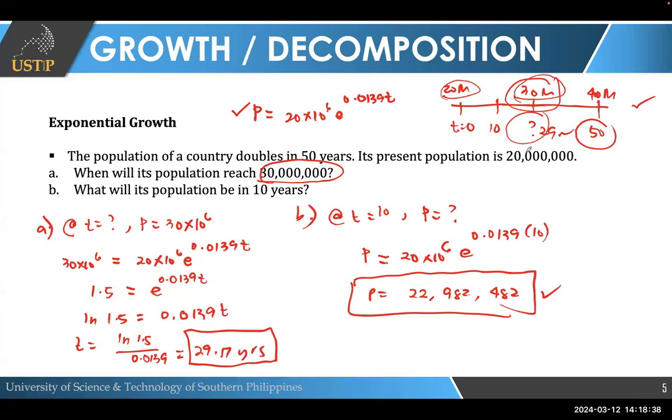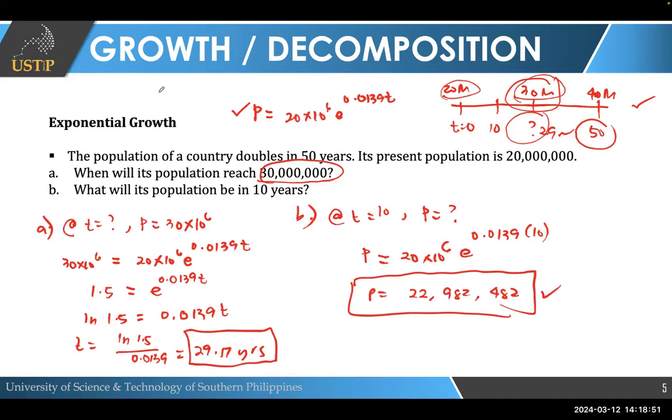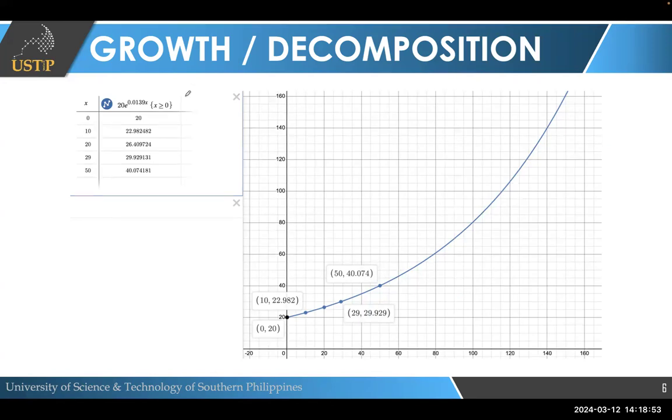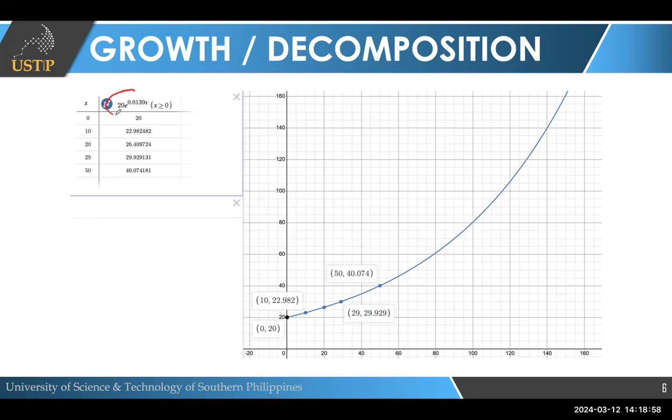Okay? So now let's graph it in Desmos, class. I graphed it directly so we can save time. If you're familiar with Desmos, you input the equations. It will not be messy with millions because the values are too big, so we eliminate the 10 to the 6 and just put 20. We assume the values are times 10 to the 6. At time 0, it is 20, correct?